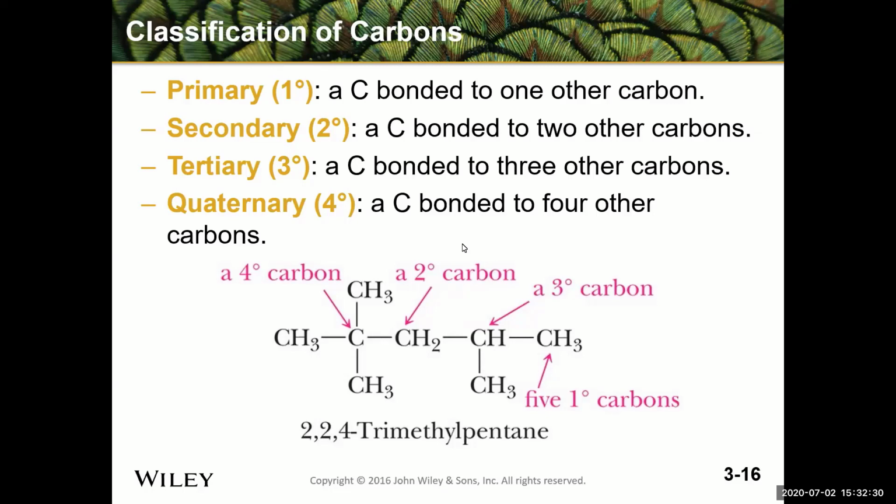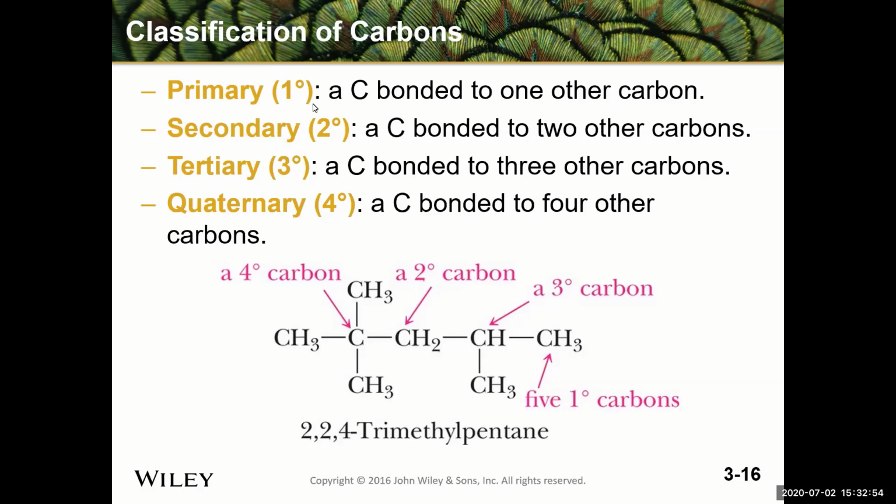Okay, so now we were going to go over a way to classify carbons in alkanes. Okay, so a carbon atom in an alkane is either primary, shown here, secondary, or tertiary, or quaternary. Okay, so this is the definition.